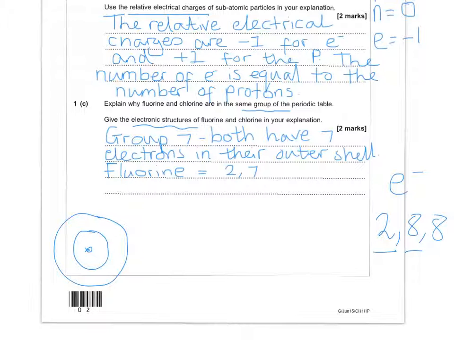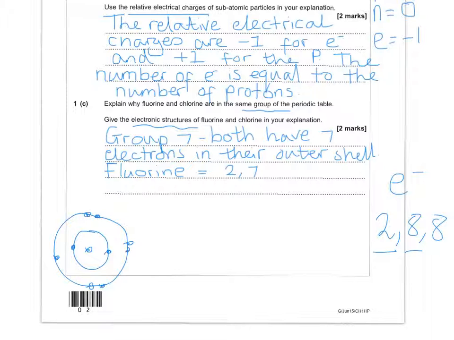If you wanted to do that on your diagram, you would do 2 in the first shell, then 1, 2, 3, 4, 5, 6, 7 in the outer shell. And that will give you fluorine. Then we've got to find chlorine.